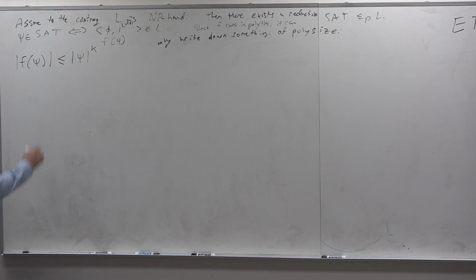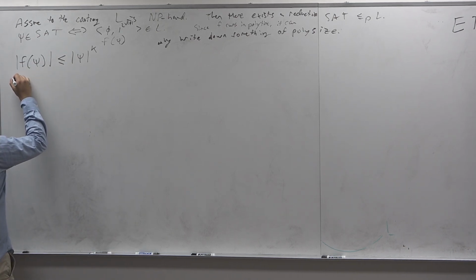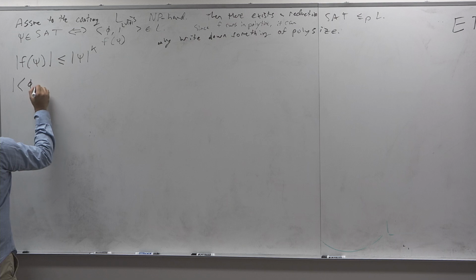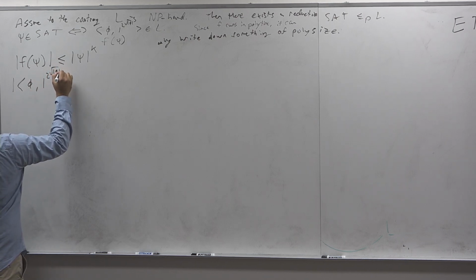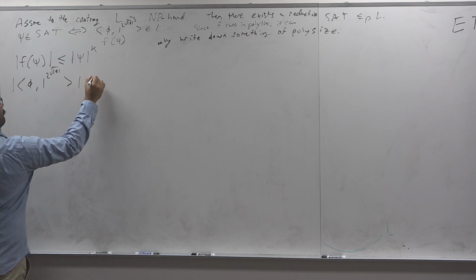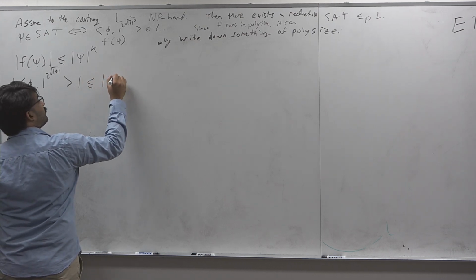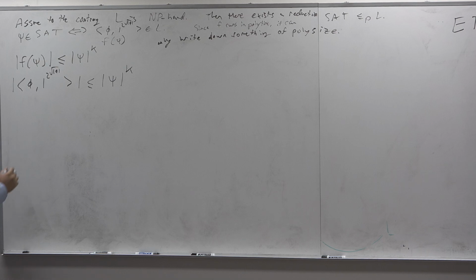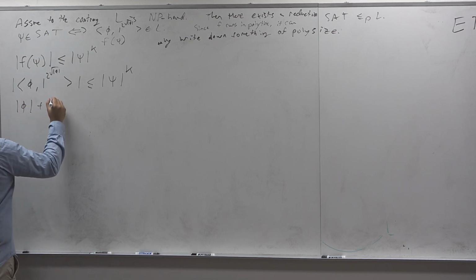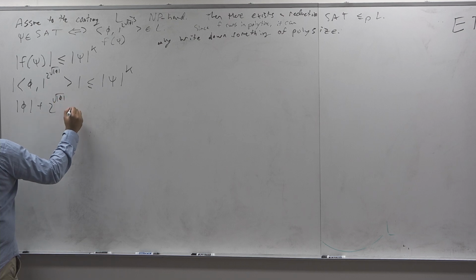Okay. What is this though? This is simply whatever the output phi is, 2 to the square root of the size of phi. We will find a relationship between phi and psi in terms of their size, okay? This is just the size of phi plus 2 to the square root of the size of phi, right?